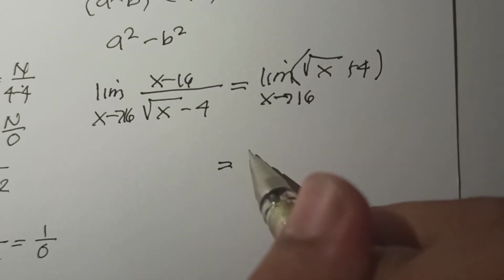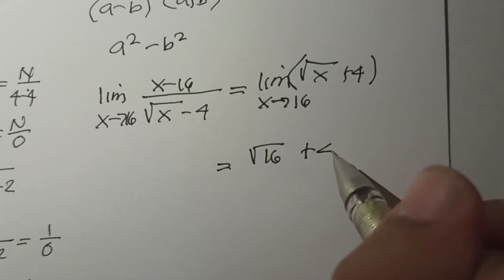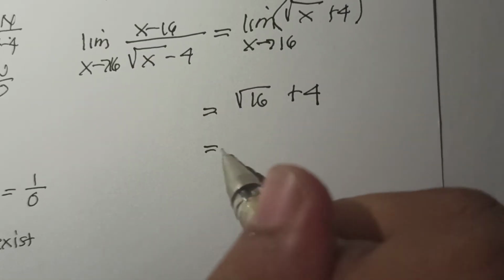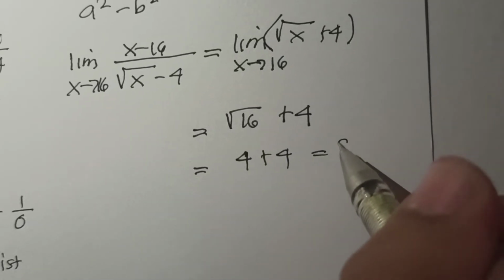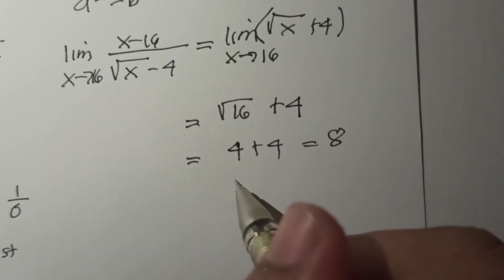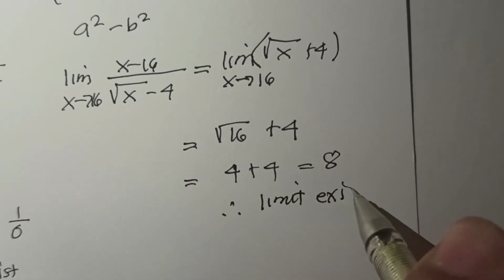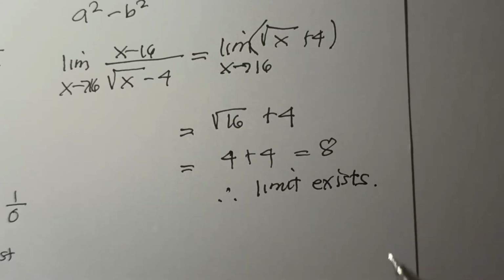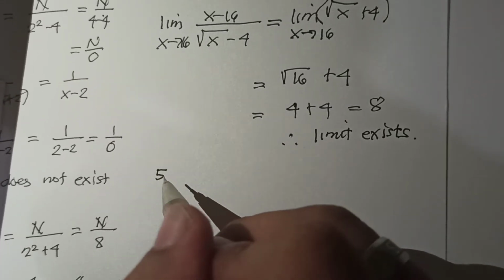So we'll just simply substitute the square root of 16 plus 4. So we have 4 plus 4, that is equal to 8. So therefore, the limit exists.